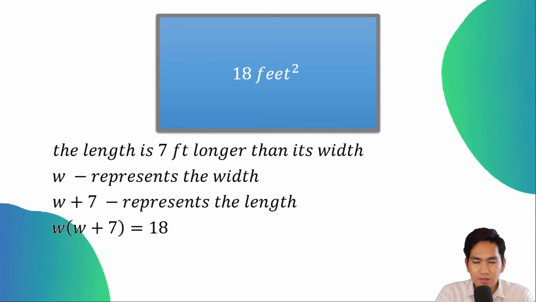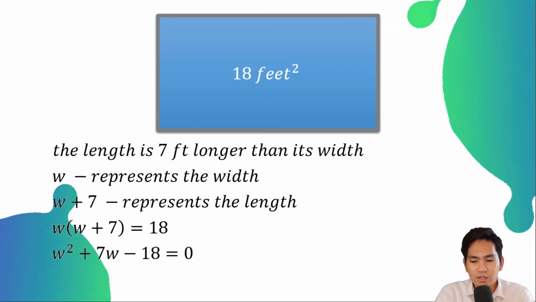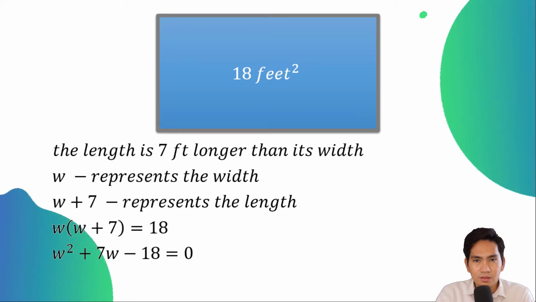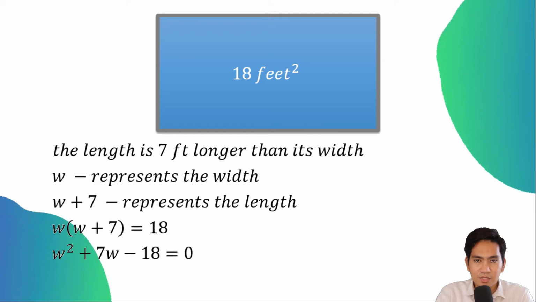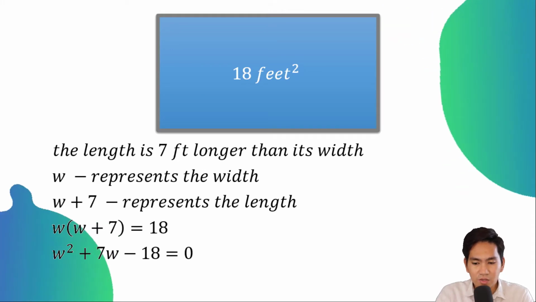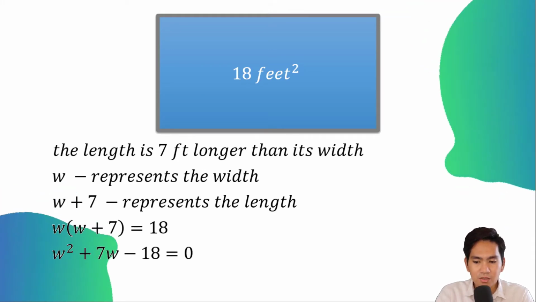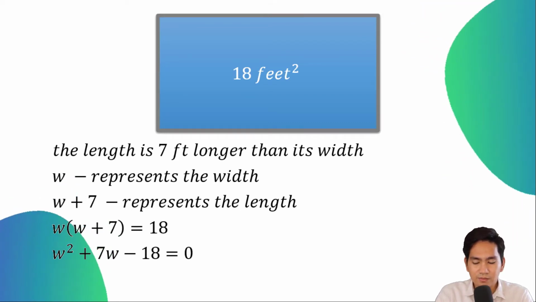And then distributing W to each term in the binomial, therefore we have W squared plus 7W. And then we just have to perform subtraction property of equality or addition property of equality to both sides. We have to add negative 18 to both sides of the equation, resulting into W squared plus 7W minus 18 is equal to 0.